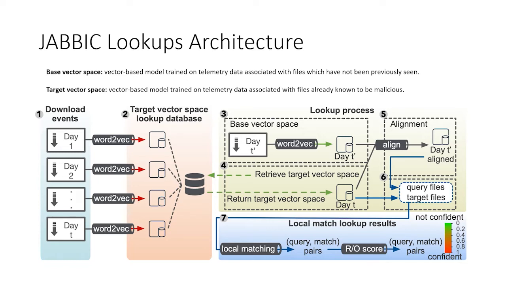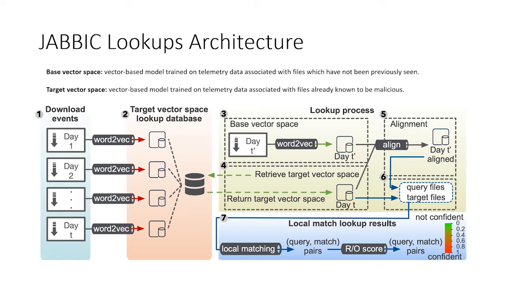4, we select a target vector space within which local matches are to be searched given the query files from the base vector-based model. For example, given query files downloaded on 31st of October 2015, find their best local matches among files downloaded on 1st of October 2015. 5, we need to align the base and target vector spaces to a common vector space in which cosine similarities can be computed. 6, we identify query files as those files that have not been seen before.